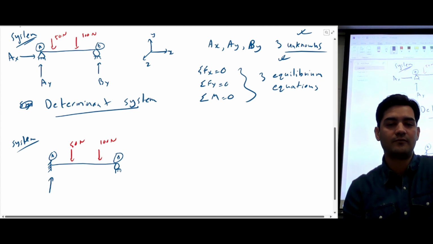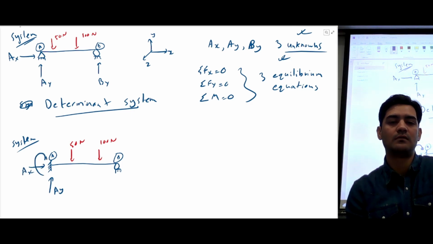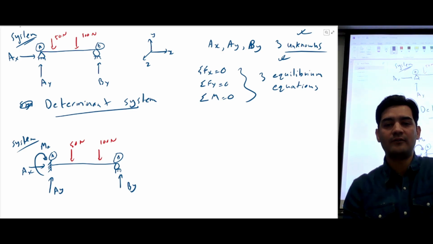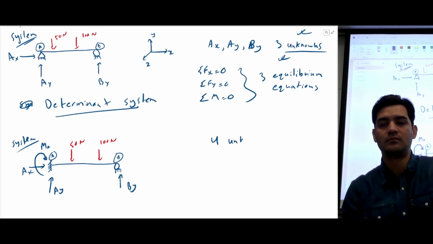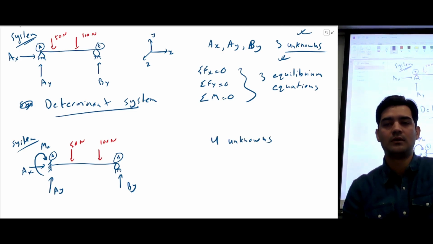So you have AY, you have AX, and then you'll also have a moment, M at A. And you will also have a reaction force, BY. So now we have four unknowns. And how many equilibrium equations do we have? Three equilibrium equations.